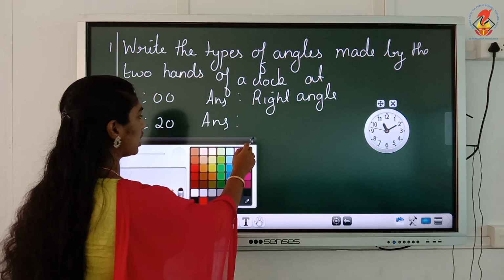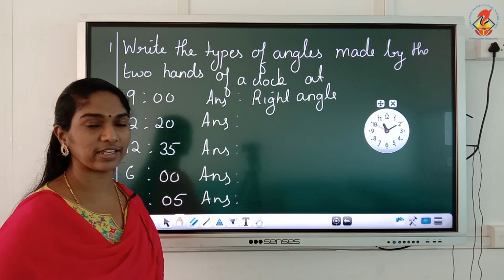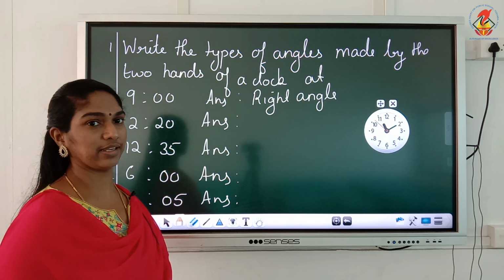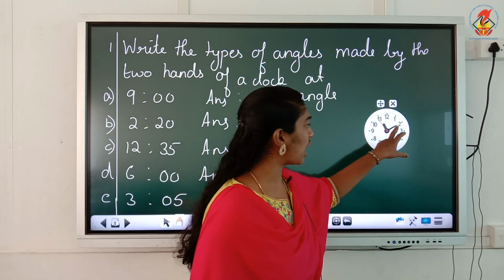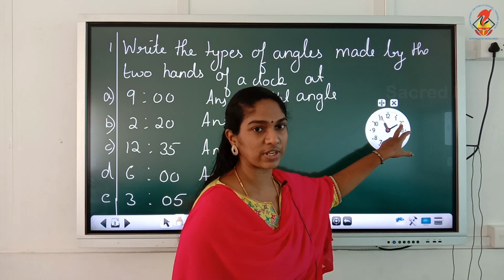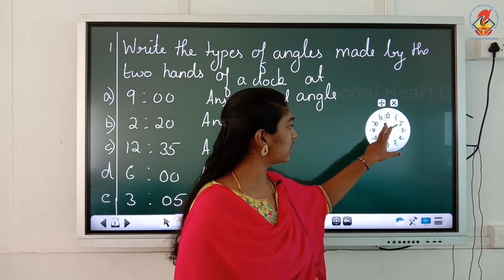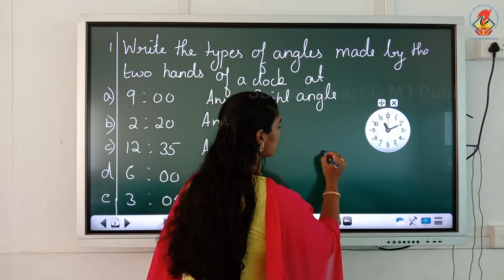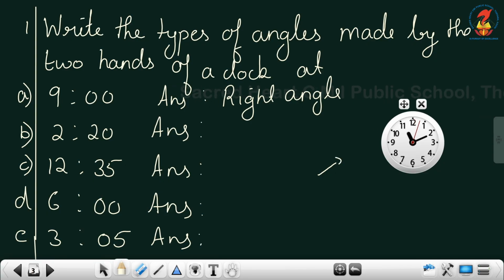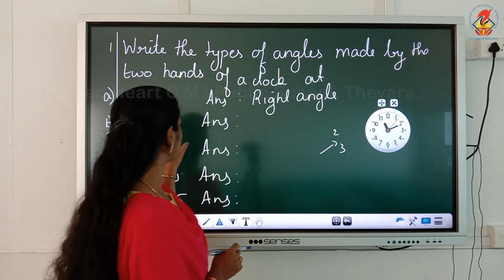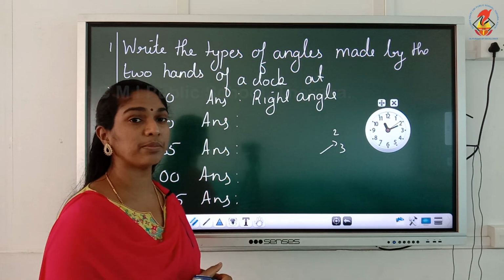Okay. Now coming to the next one, 2:20. 2:20 means the hour hand is between 2 and 3, somewhat between 2 and 3, right? This is 2, this is 3. And 20 minutes means, where will the minute hand come?